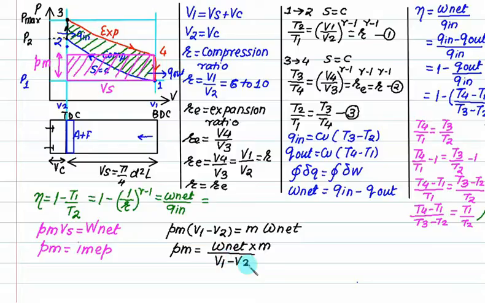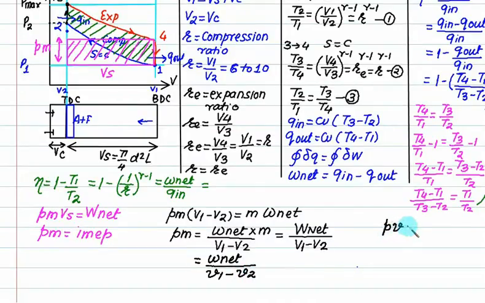Or otherwise you can also write this as capital W net divided by (V1 minus V2). You can write this as w net divided by the specific volume, since volume divided by mass becomes a specific volume, and (V1 minus V2) divided by mass is also a specific volume difference.